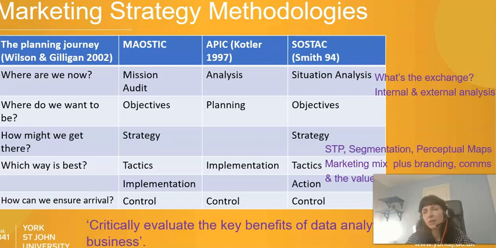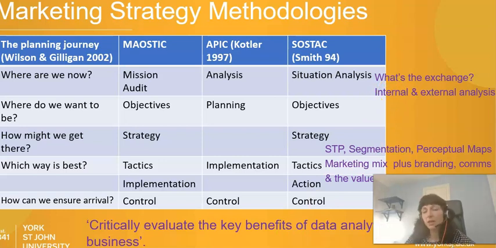By that, we can consider what the internal motivations for the organisation are. And this is where we're looking at the key benefits of data analytics, because if the data is showing us internally what data we have available, how does that guide our decision making?